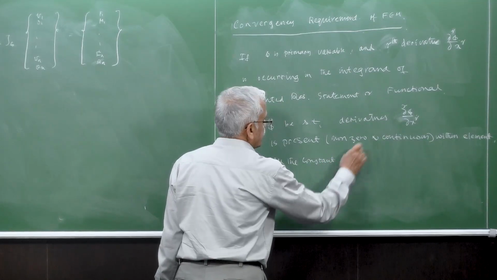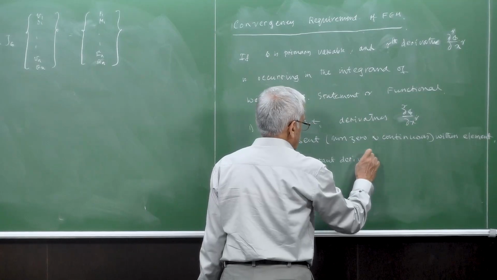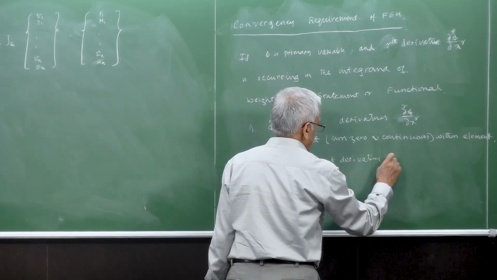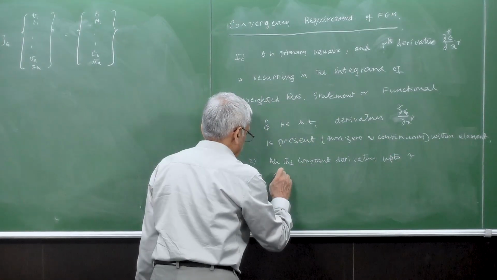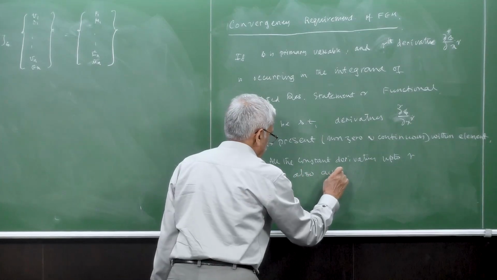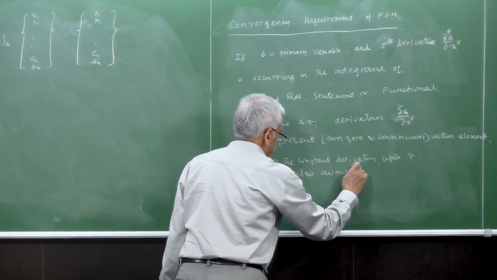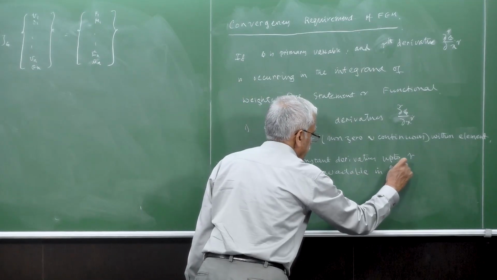So here we are only talking about r, but we should also make sure all the constant derivatives up to r are also available. What does this mean in phi hat E?